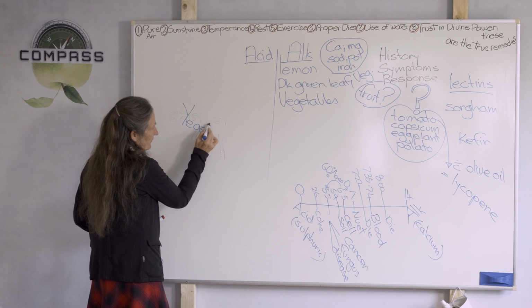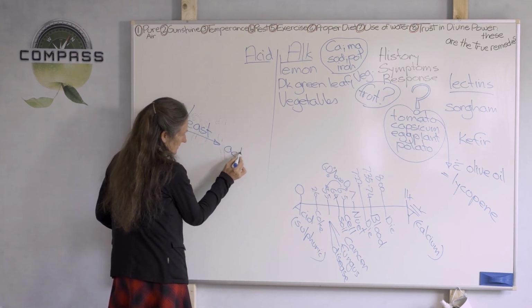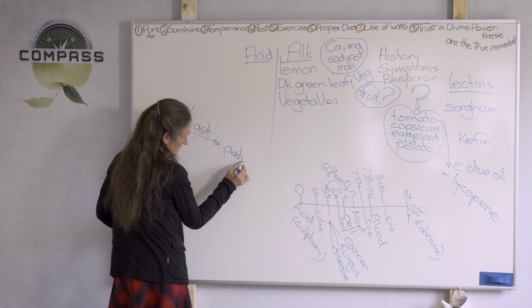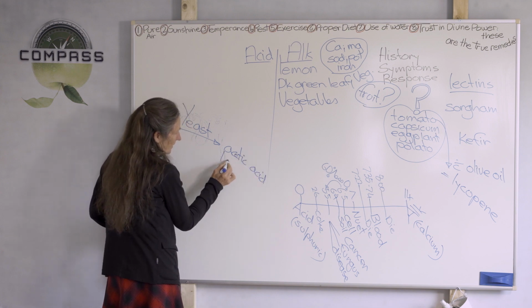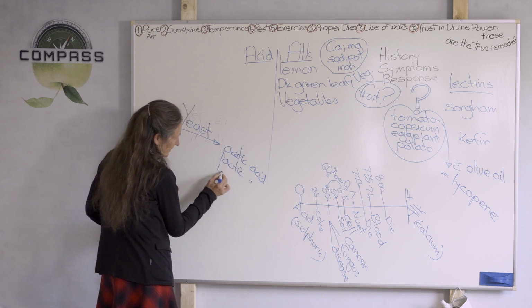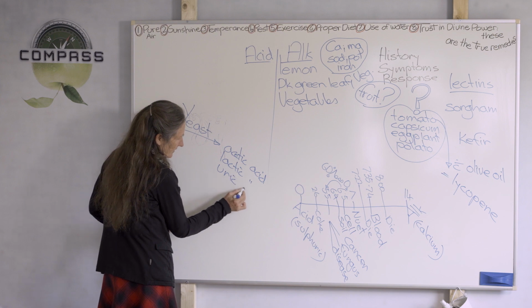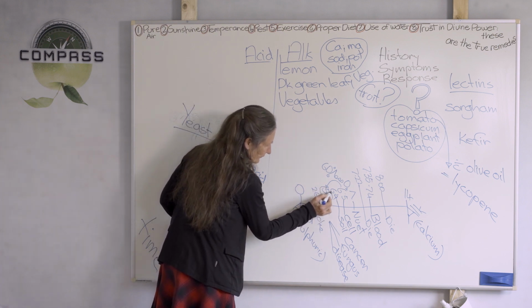And as the yeast feeds on the sugars, it gives off acetic acid, it gives off lactic acid, it gives off uric acid. Can you see what it's doing here? It's creating the very environment that it thrives in, the 5.5.